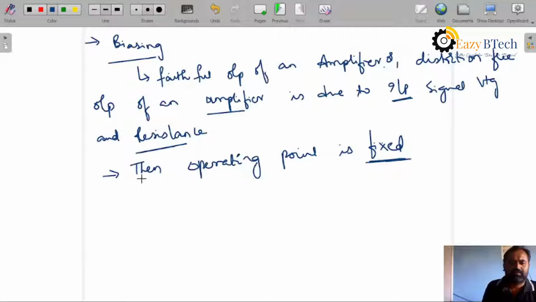We will discuss this in detail. Now, to get a faithful amplification, which means a distortion free output, the signal output depends only upon the applied input voltage and its resistance, and we will draw a line between the output current versus output voltage. That line is known as a DC load line.